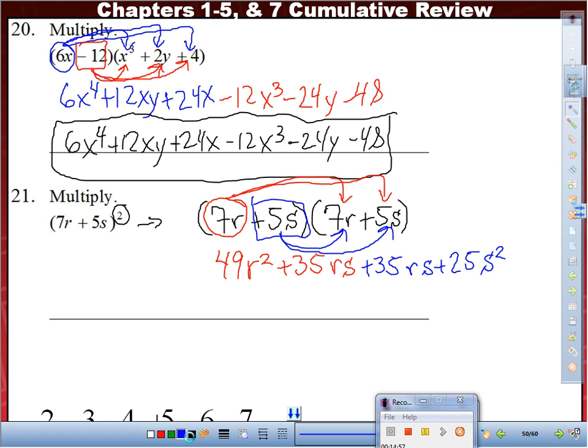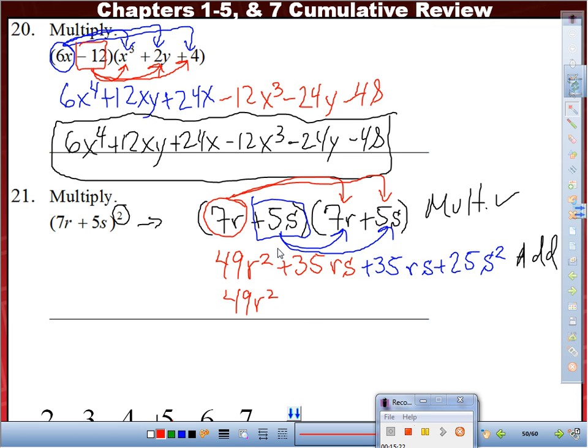squared. All right, so now that we multiplied, we're done with multiplication. So write multiply, we're done, check mark. So now we're going to add. So here, what do we have? 49r squared stays the same.